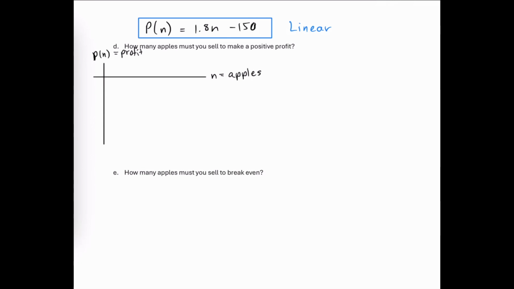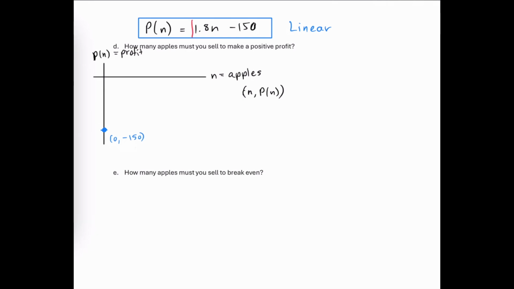Notice that the y-intercept is negative, and this should make sense since an ordered pair is going to be of the form n and then p at n, so the number of apples that we sell is the first coordinate and the associated profit is the second coordinate. Well, if we sell 0 apples, we have a loss of 150. If we haven't bought and sold any apples, we are negative $150, which is the cost of the booth.